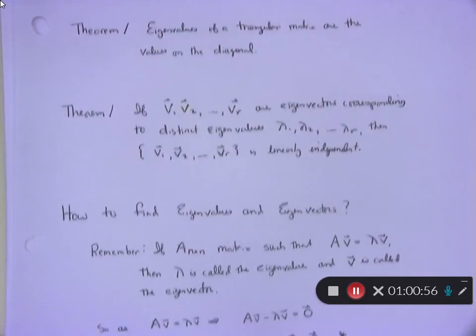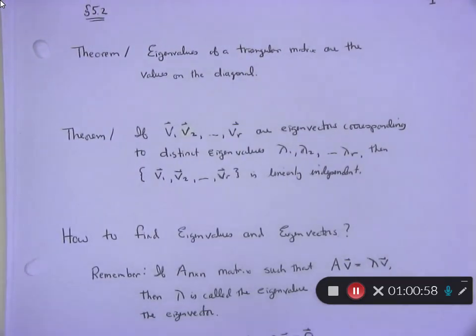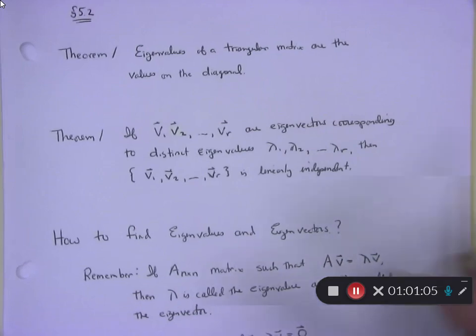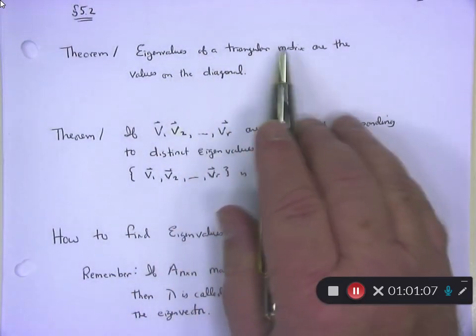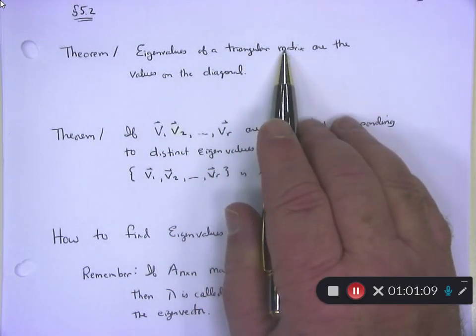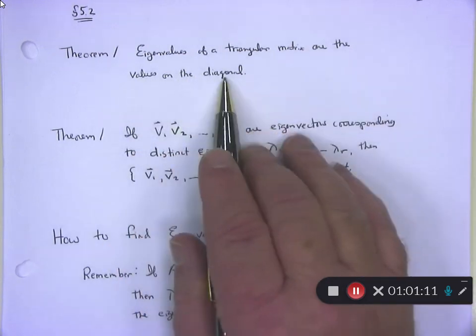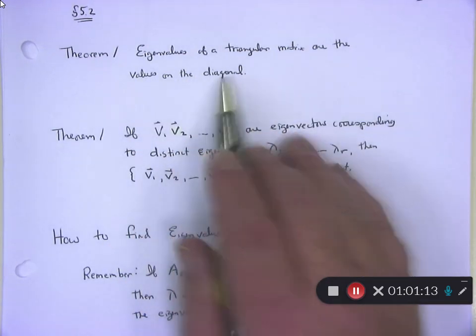Again, emphasizing this so I can do an example. I want to highlight from, now we're in section 5.2 here, some stuff that we can actually prove to you guys. So I've rewritten them again, but here's one theorem. The eigenvalues of a triangular matrix, whether it be upper or lower triangular, are the values on the diagonal. Focus on the diagonal.